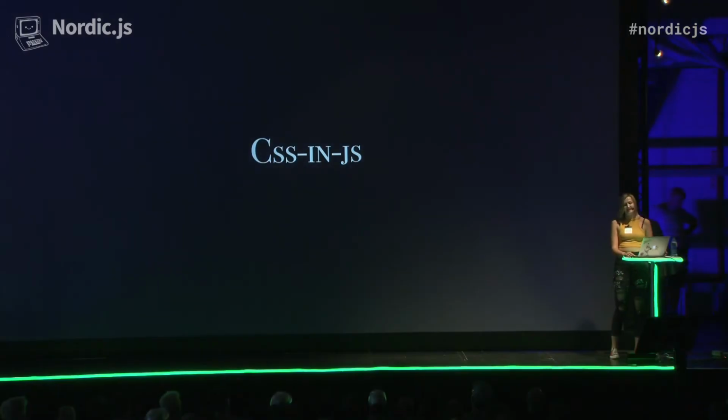But it's still not perfect if we want to think about our components as universal components. So if we want to make our components reusable anywhere we want. So here's how we come to CSS-in-JS. Perfect. I really love this approach.